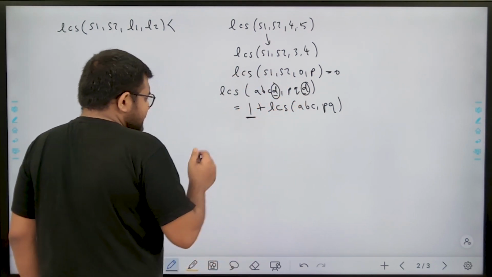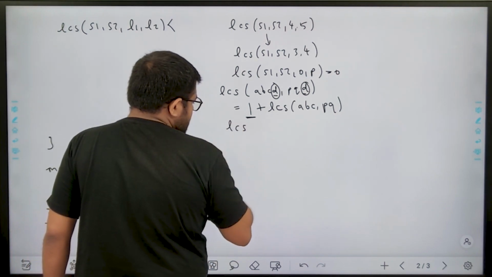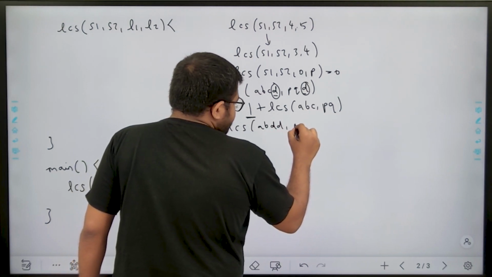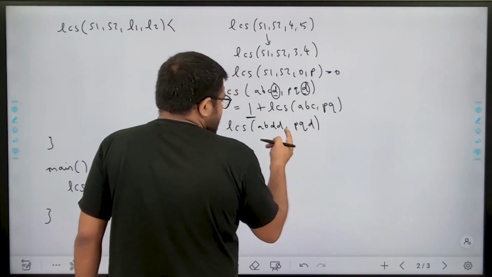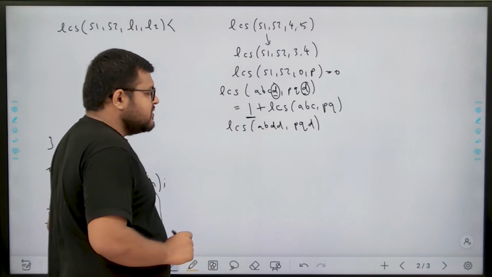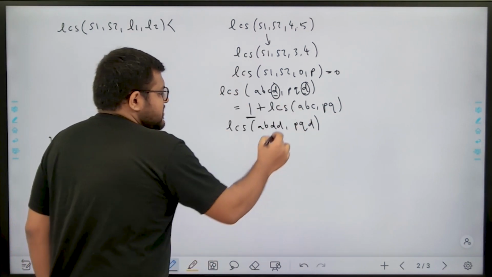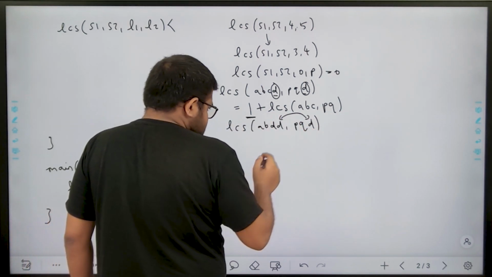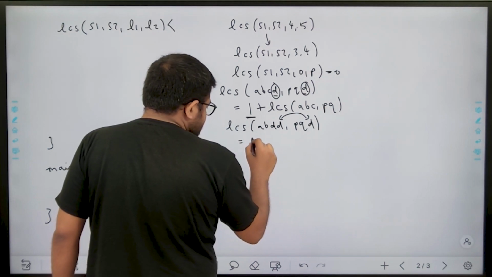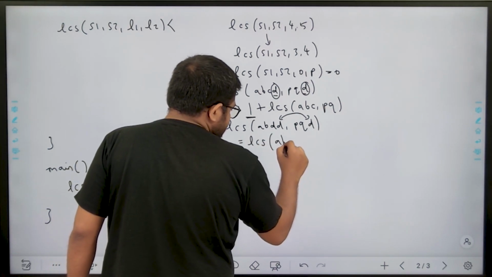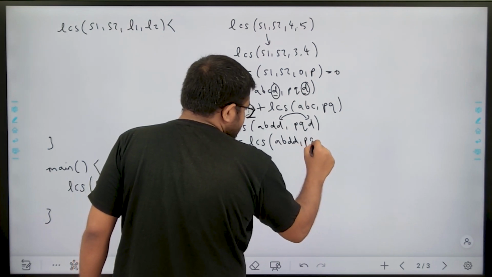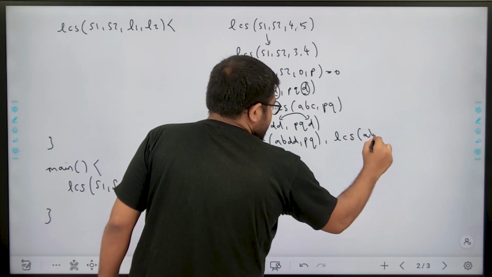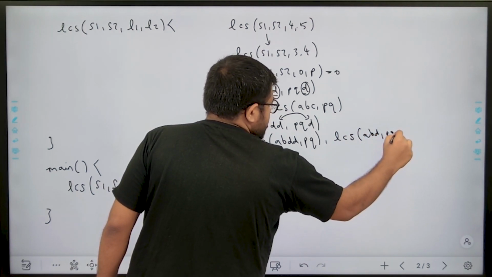But in other cases, for example, the longest common subsequence of A, B, D, D and P, Q, D, this D and this D are matching, but suppose I do not want to take this pair into my answer. Then what I can do is say this is nothing but the longest common subsequence of A, B, D, D and P, Q, or the longest common subsequence between A, B, D and P, Q, D.